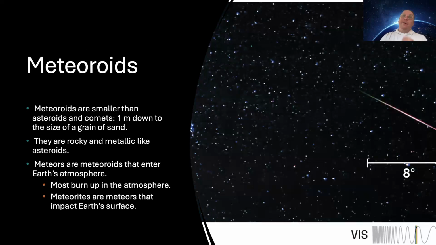Meteoroids. Now, these objects, for reasons I have yet to investigate, are odd in the way they're named. The same object has three different names depending on where it's located.